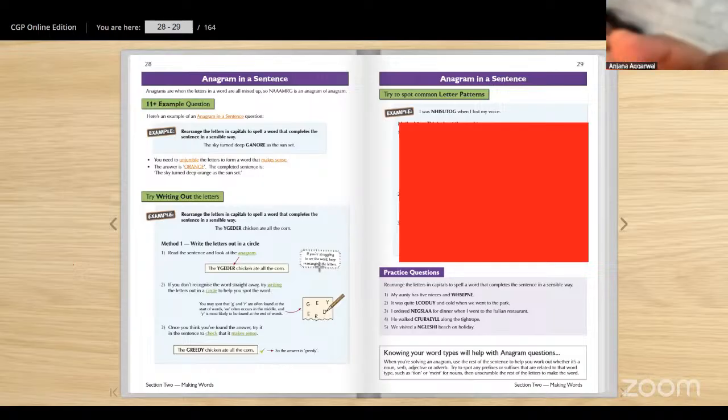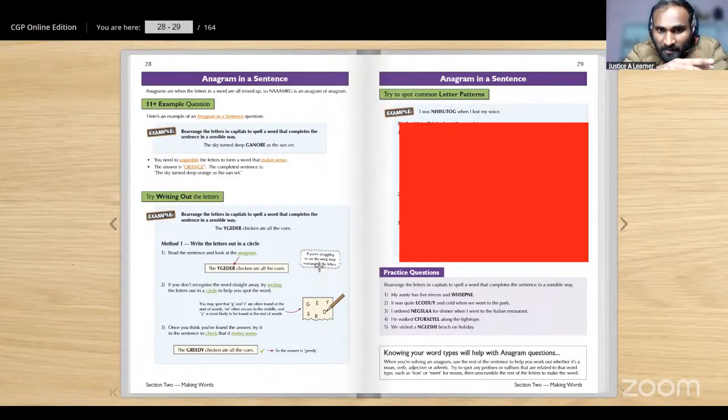So write the letters out in a circle. Read the sentence and look at the anagram. The YEDIGRE chicken ate all the corn. If you don't recognize the word straight away, try writing the letters out in a circle to help you spot the word. You may spot that G and R are often found at the start of words, E often occurs in the middle, and Y is most likely to be at the end of the word.